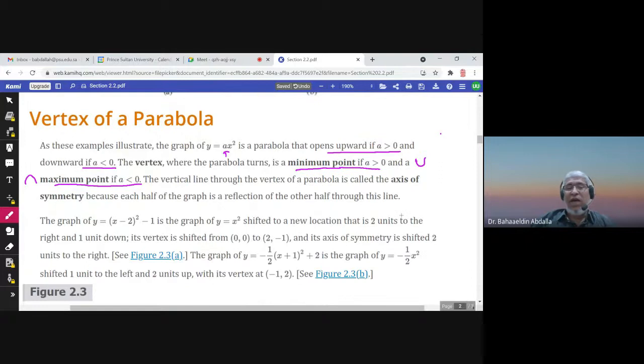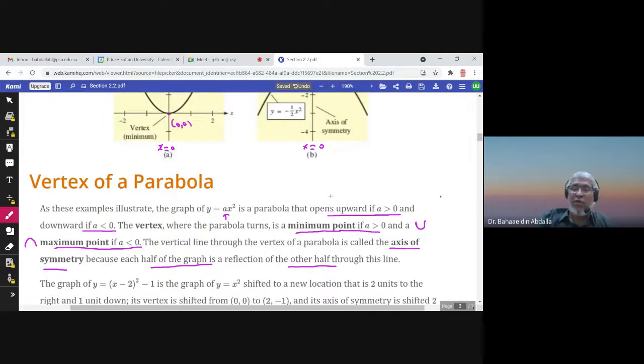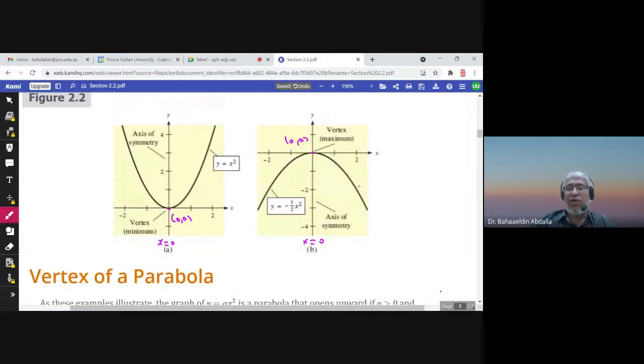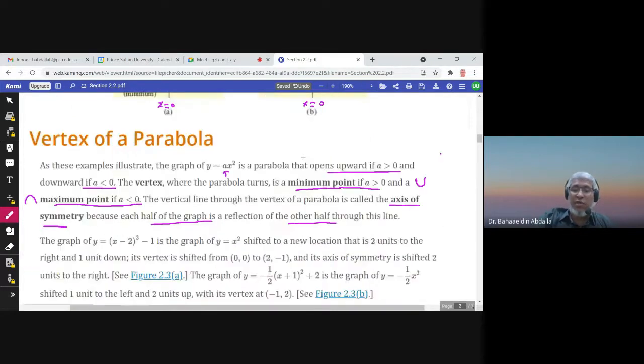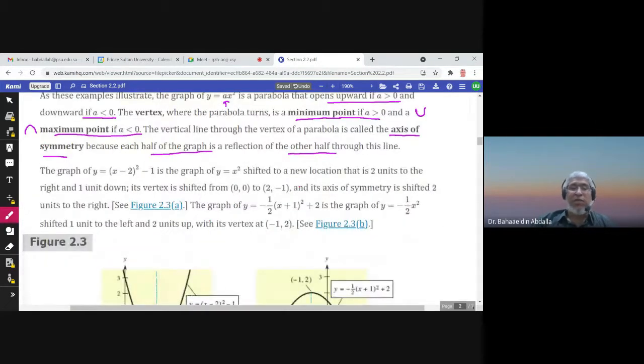The vertical line through the vertex is called the axis of symmetry, because half of the graph is a reflection of the other half through this line. So if you reflect this part, it will be the other part. So this is the meaning of axis of symmetry.